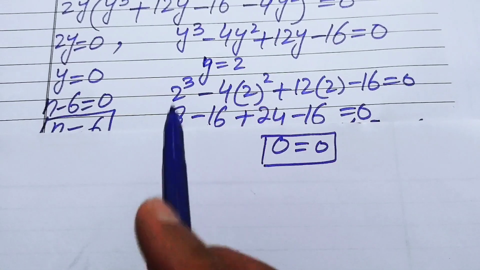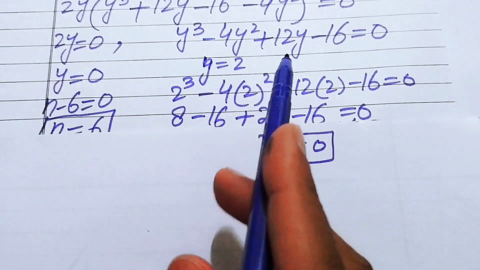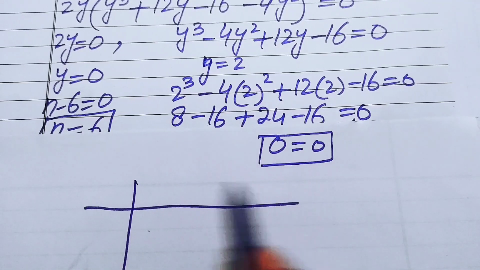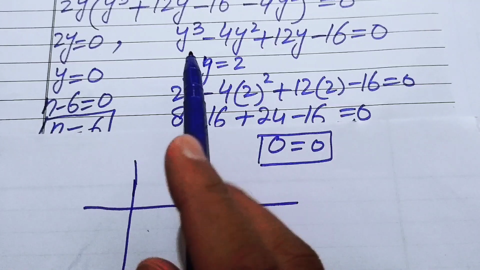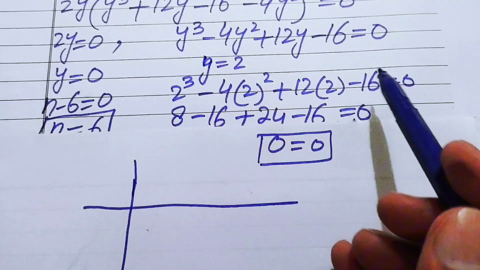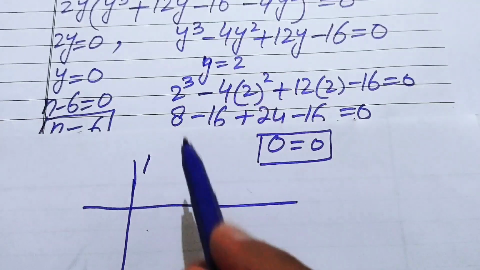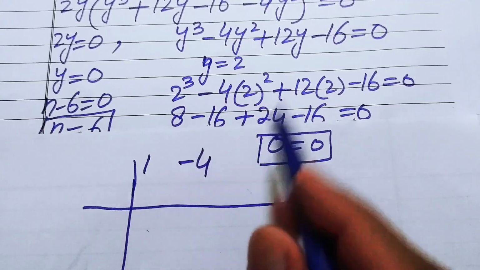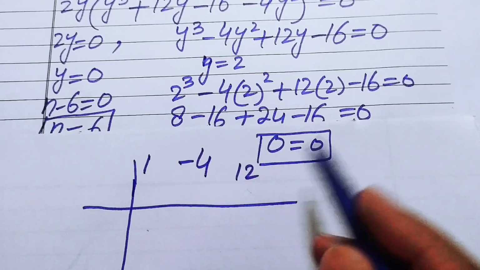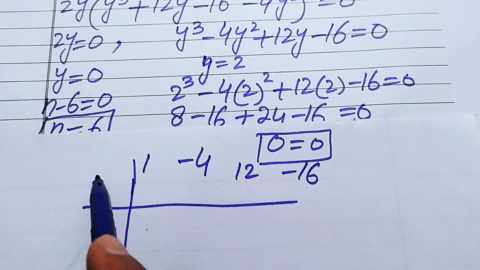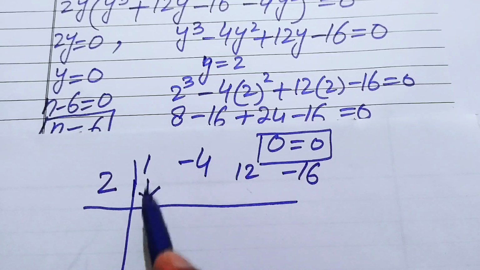Now we will apply synthetic division on this cubic equation. By synthetic division, first I write the coefficients of this equation. The coefficient of y cubed is 1, the coefficient of y squared is minus 4, the coefficient of y is 12, and the constant is minus 16. We divide by 2, and first I write the first term as it is.